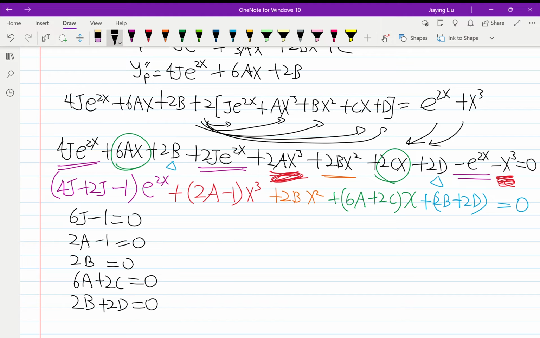Which is good, right? Because we had five unknown constants to begin with, and at the end we have 5 equations. That should be enough to solve every one of them. So that gives us j equals 1/6, a equals 1/2, b equals 0, c equals negative 3/2, d equals 0.